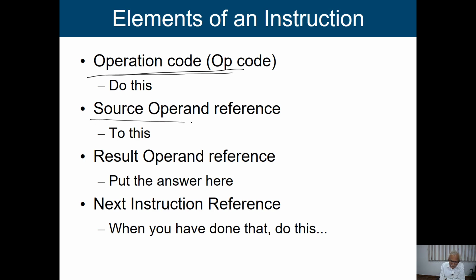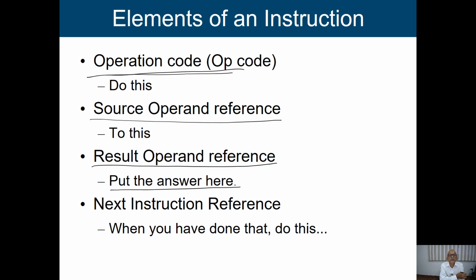It may be one or more, depending on the format of the instruction. That means opcode: do this on what, on this data. And the result operand reference: after performing the operation, we get some result, and we say put the answer in this particular place.